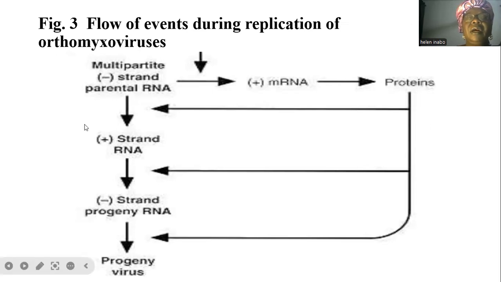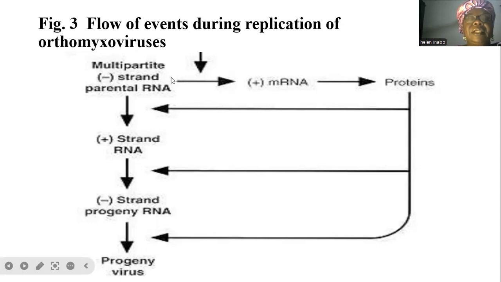Here is a summary of the flow of events during replication of orthomyxoviruses, where you have the multipartite negative strand RNA serving as a template for the synthesis of positive strand RNA, which also serves as a template for the synthesis of negative strand progeny RNA. And the multipartite negative strand parental RNA can also serve as the template for the synthesis of positive messenger RNA.